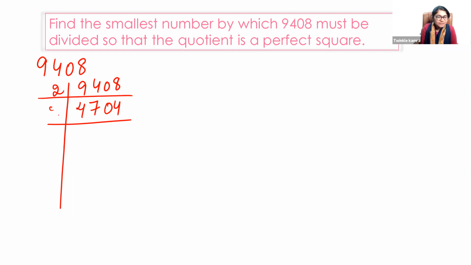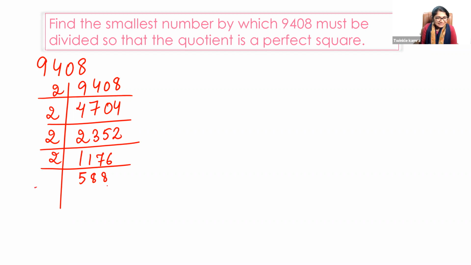Yes, by 2 again, 2352. This is the previous number itself. By 2 again, and I get 1176. 2, I am doing it. 588, 294. I am actually getting even numbers.